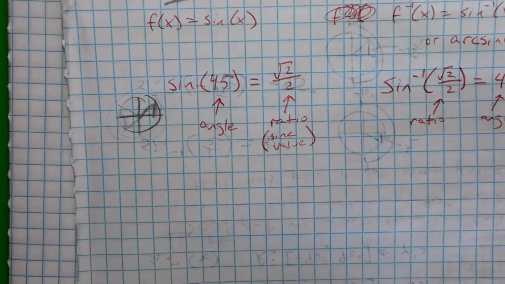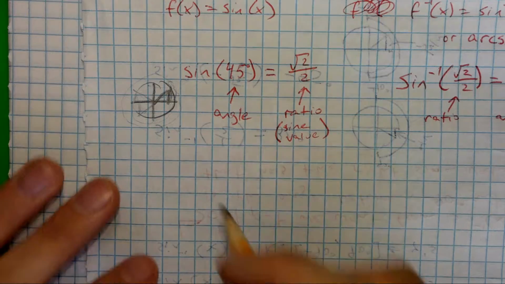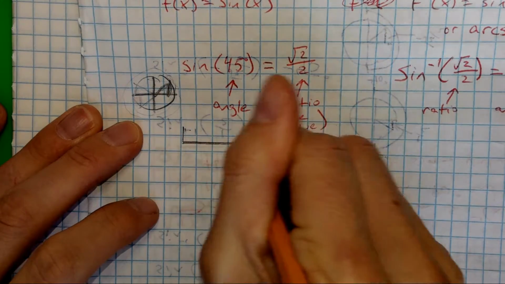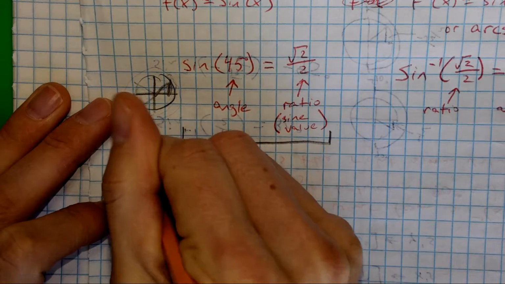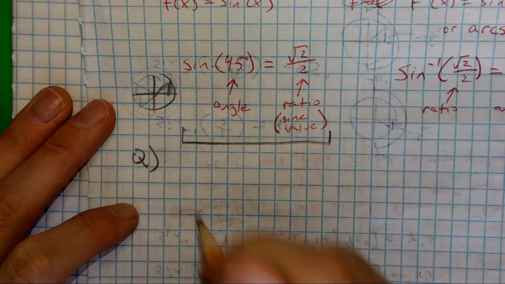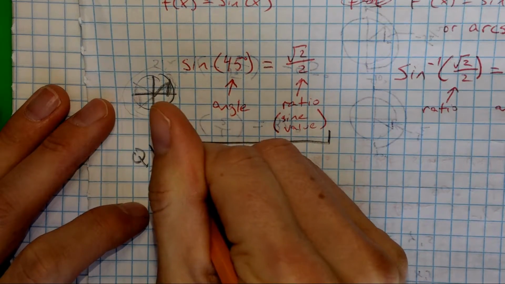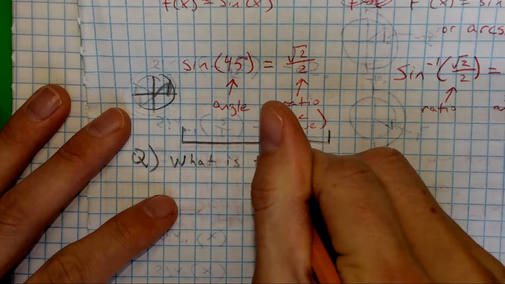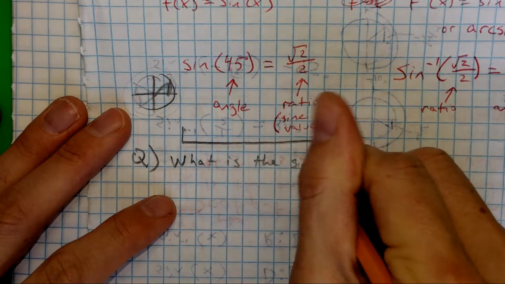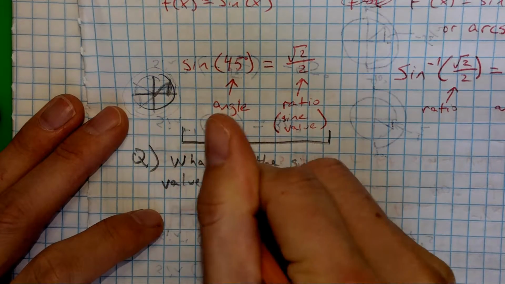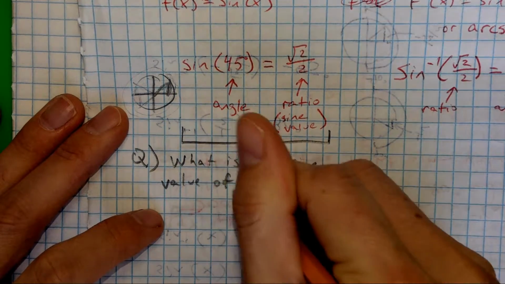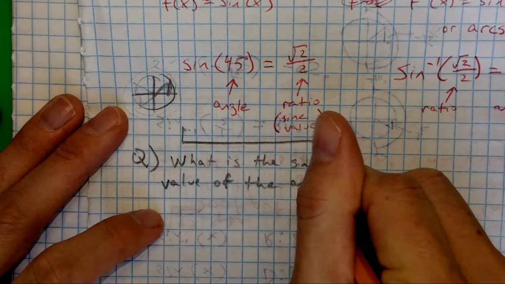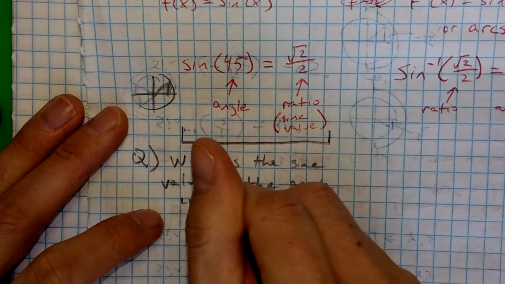Quick English translation. When I see this question right here, when I have sine of 45, I'm asking myself, what is the sine value of the angle 45 degrees?